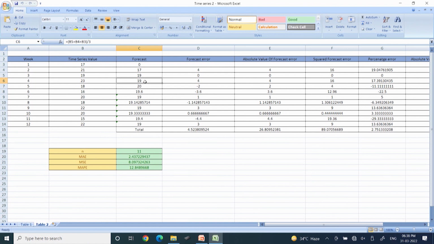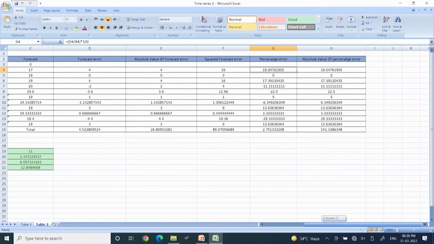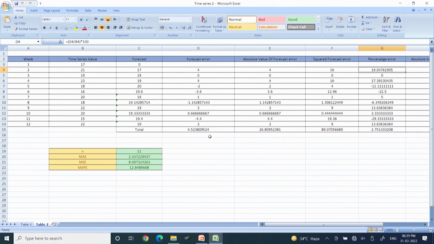So, I got 19. Then as usual I found the error, actual minus forecasted value, then I found the absolute error, then the squared error, then percentage error, then I found absolute value of percentage error, then I have done the sum, then by using that sum and the number of data set is 11 here also. So, I found mean absolute error and mean squared error and mean absolute percentage error.